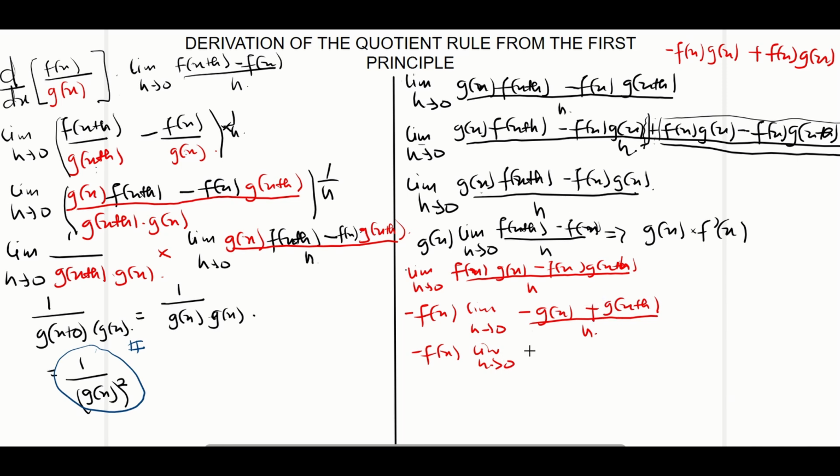We now bring this one first, g of x plus h, minus g of x, all over h. But here, what can we identify? We can identify that the whole of this is the derivative of g of x. So I'm now getting minus f of x multiplying g prime of x.